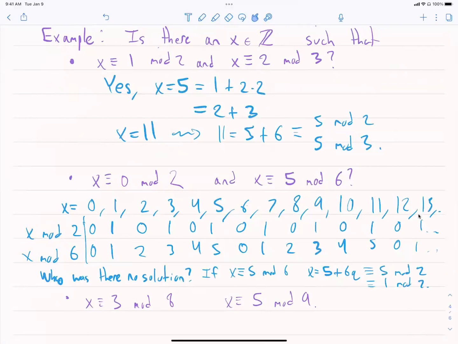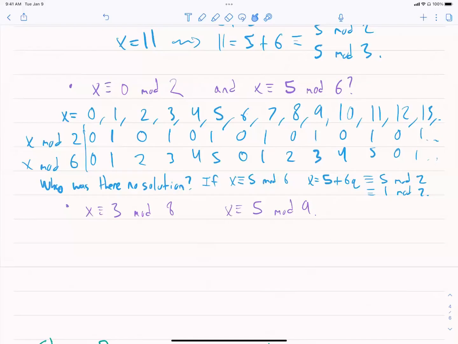Let's do a slightly more interesting one. So let's look at x congruent to 3 mod 8 and x congruent to 5 mod 9. And here I'm going to do it in a way that actually lets us systematically solve these things, building on some things we were doing earlier.